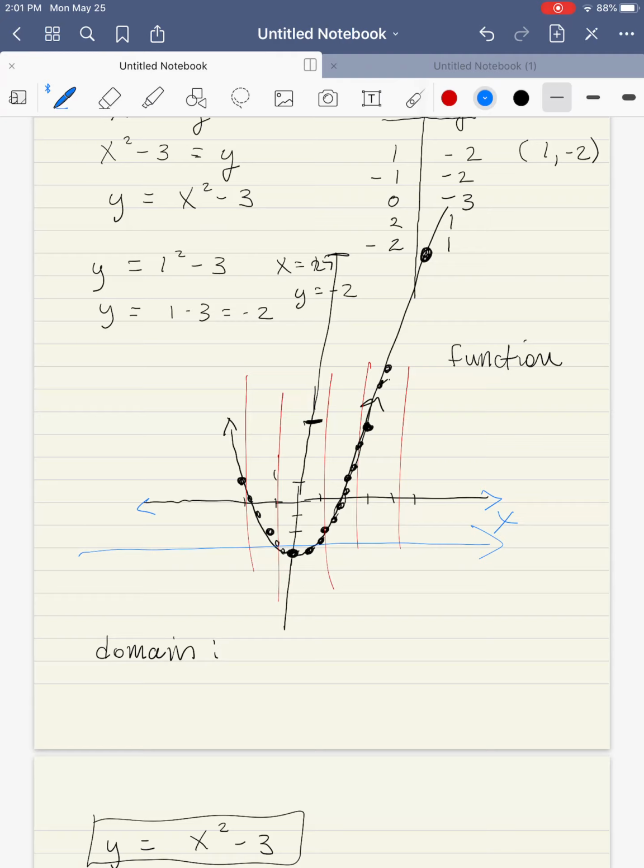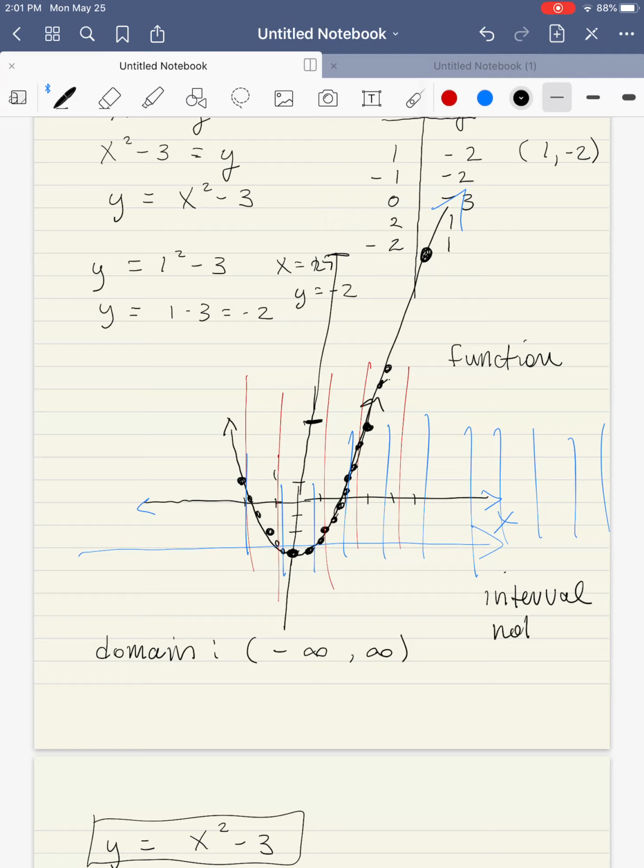And I see that I am touching the graph everywhere. And because this keeps going up forever, as I come out this direction, I am still touching the graph. So that tells me that my domain is all real numbers. And I'm going to use something called interval notation.